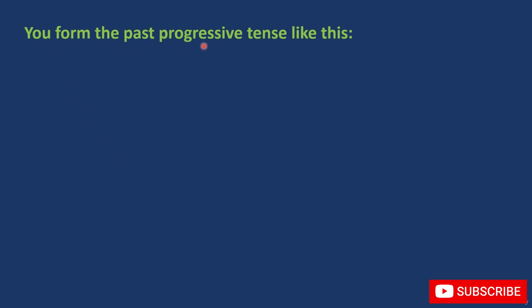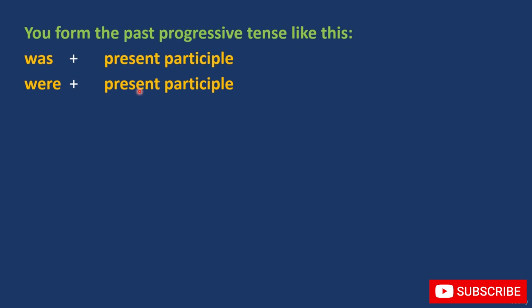You form the past progressive tense like this. Now we are going to speak about the form of the past progressive or the past continuous. We use was plus present participle or were plus present participle.